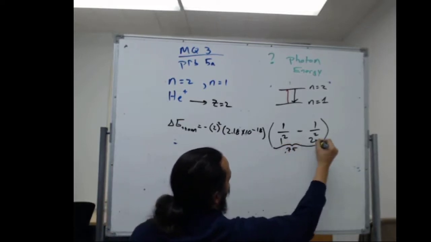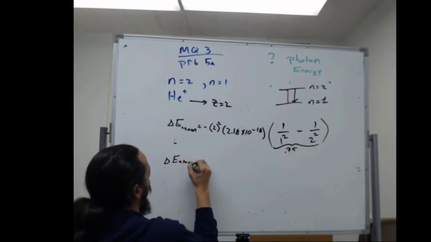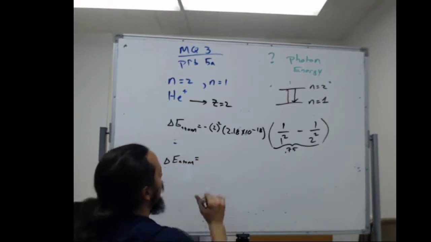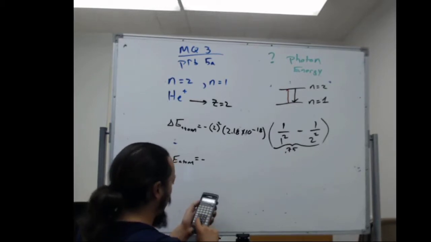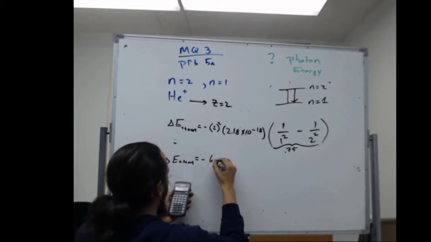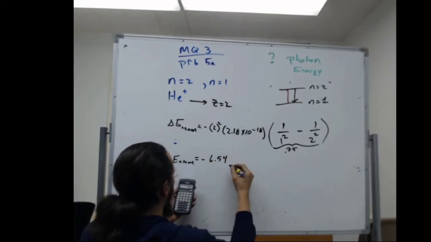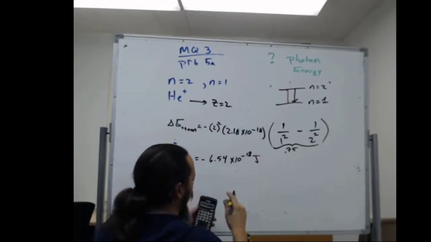That's that part. And delta E of atom, oh, it is going to be important, is equal to 0.75 times 4 times 2.18 times 10 to the minus 18. And I'm going to get negative 6.54 times 10 to the minus 18 joules.